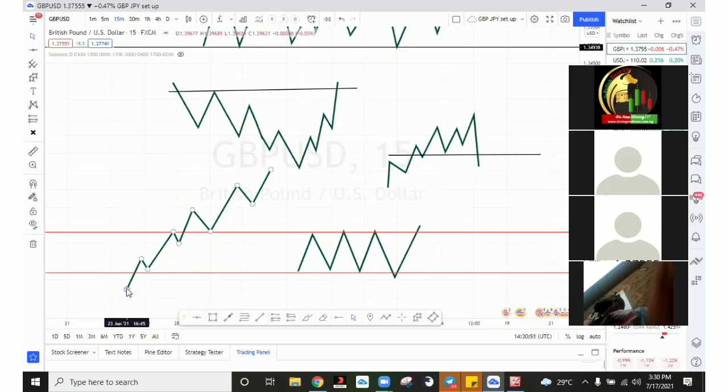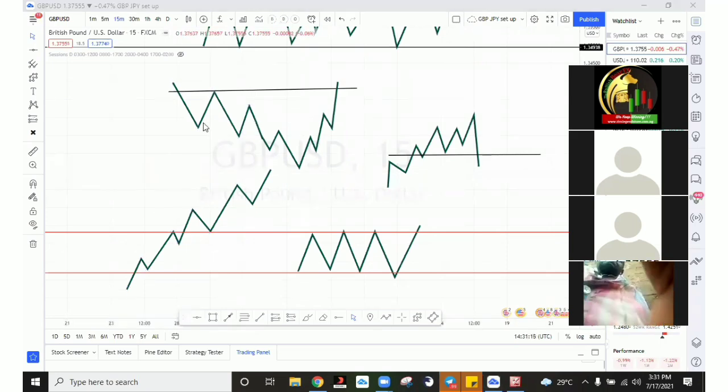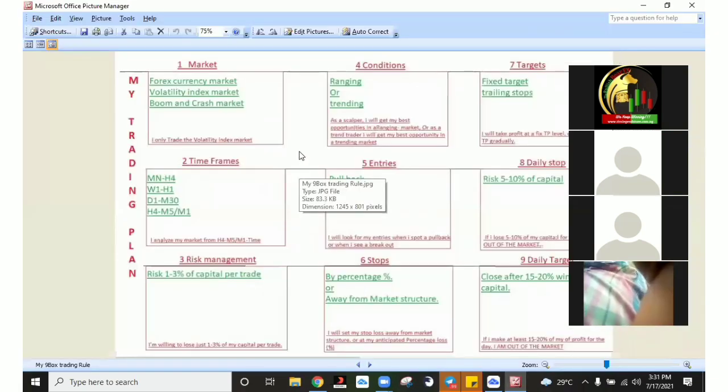Because if he had two different kinds of traders, that's what you want to ask yourself: what kind of trader am I? So your trading plan helps you create your trading style.